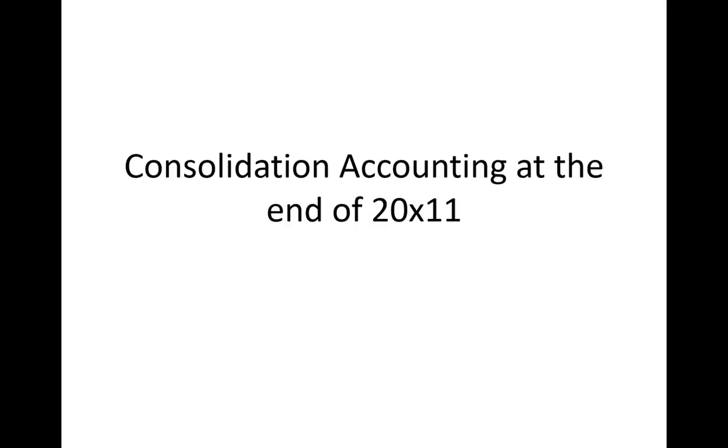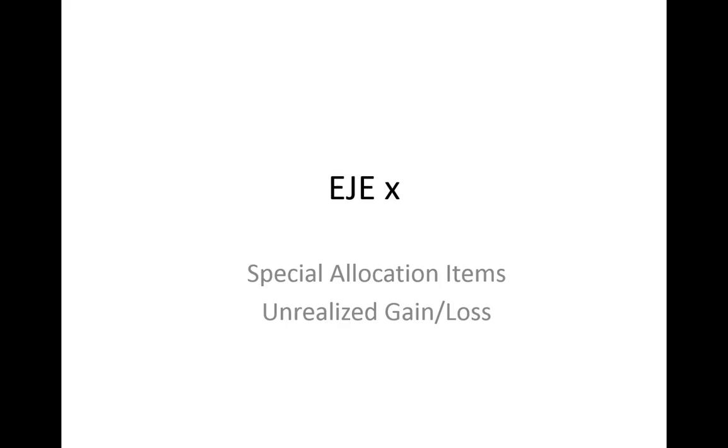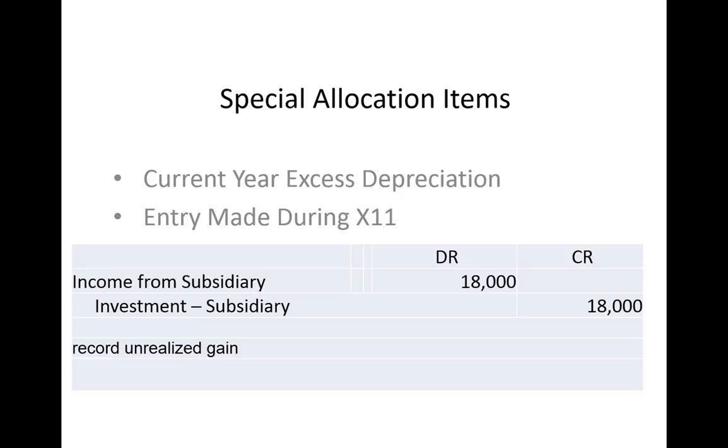We can now do the consolidation accounting for 2011. The first thing we'll do is address any equity method entries we may have. And the only equity method entry that we have this year is the recognition of the unrealized loss of $18,000.